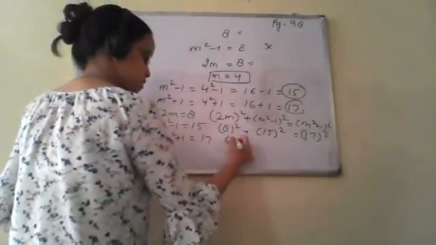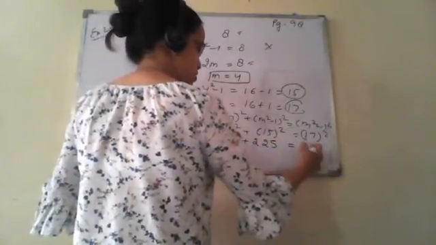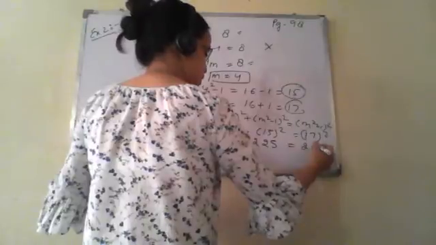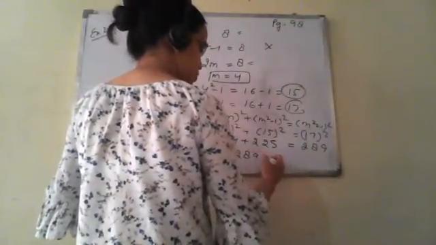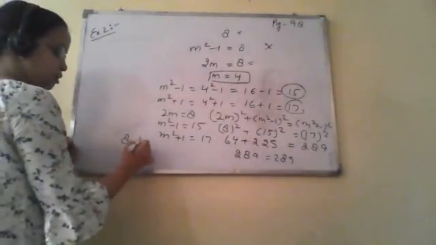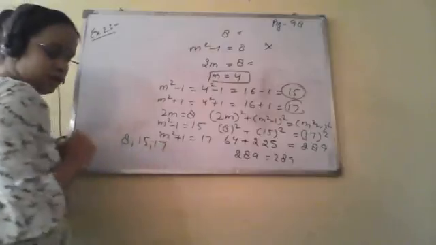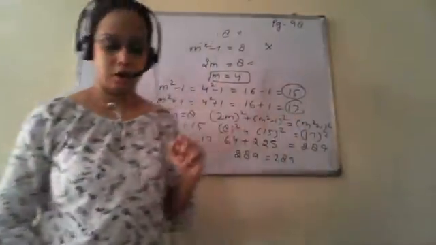So this is 64, this is 225, and this is 289. If we add, this is 289, this is coming true. So the triplet we have is 8, 15 and 17. So this 8, 15 and 17 is the required triplet. I hope this is clear.